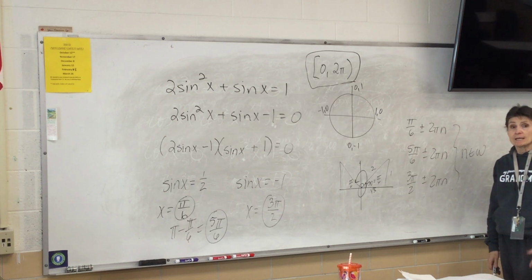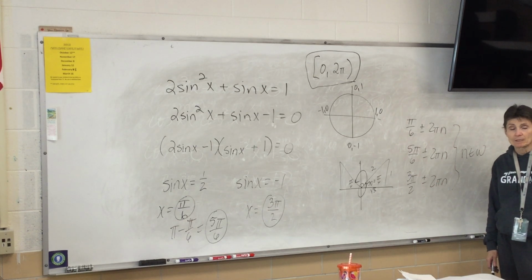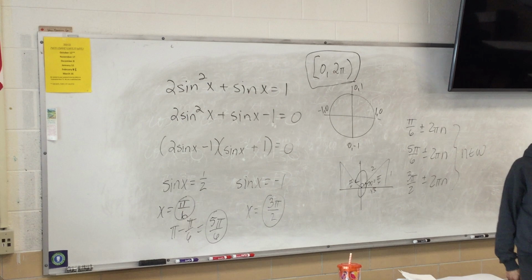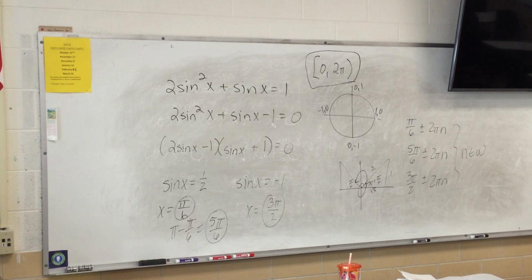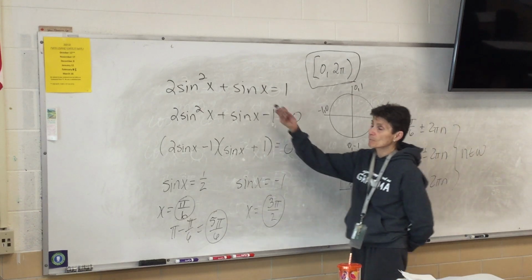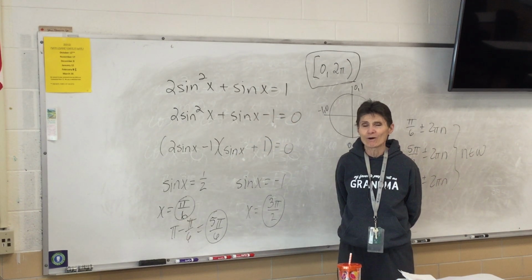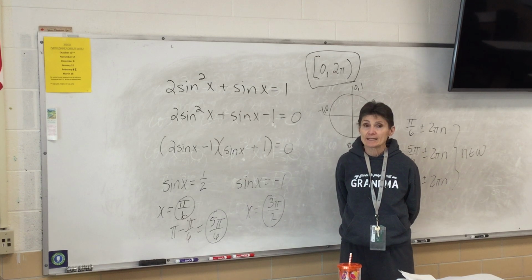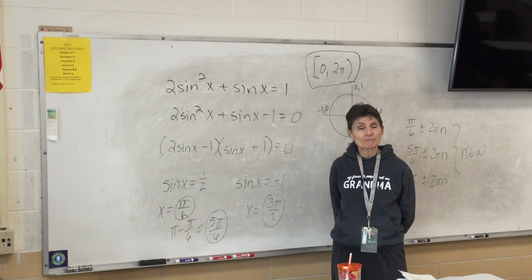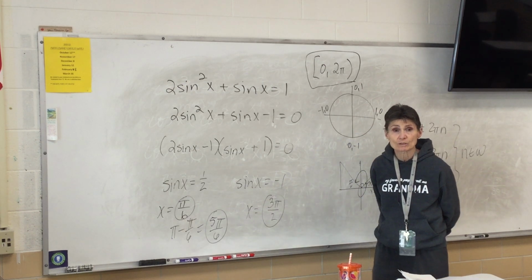Okay, Mrs. Ford, in the last problem, you made me exclude some of my answers because some of those answers made the cotangent undefined. You do not need to worry about that in this problem, kids, because this problem only involves sine. And is the sine ever undefined? Think about its graph. Does the sine have asymptotes?